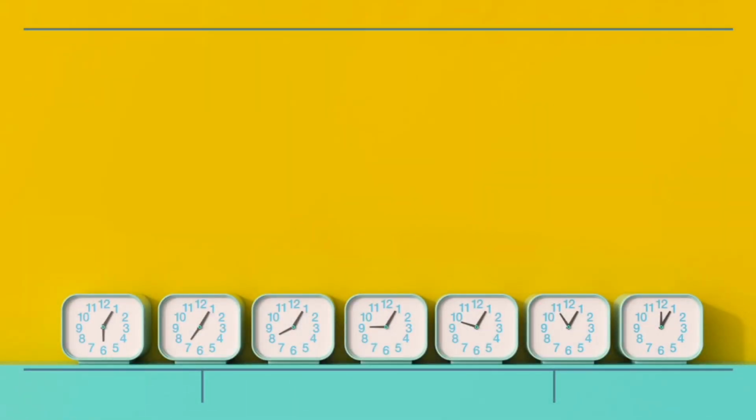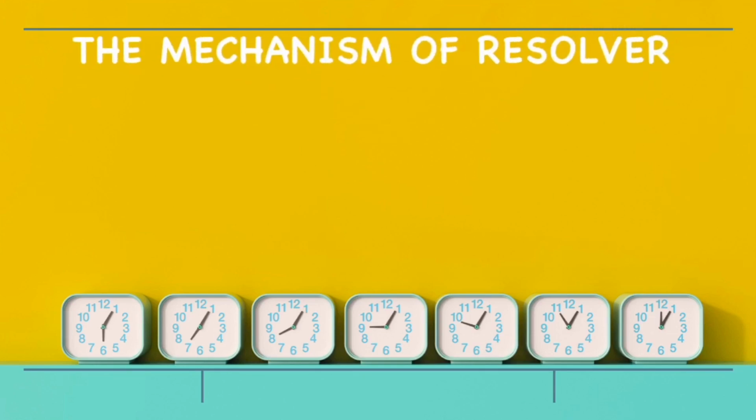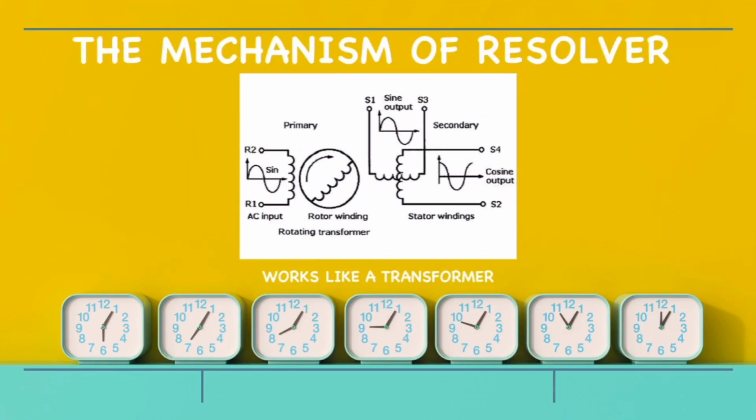In addition, the way a resolver works is related to the angular movement of the rotor towards the stator. The rotor, which is given the AC sine voltage, is connected to the stator and works like a transformer. In other words, the primary winding is attached to the secondary winding, then works together and forms a function like a transformer.